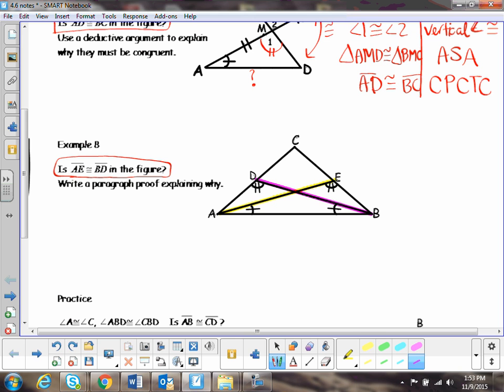What I would do if I were you, whenever you see a triangle drawn on top of another triangle, is redraw them. Since the pink one is right here, I'm going to draw that one in red. So this is A, this is B. And then the yellow one I will draw in green.